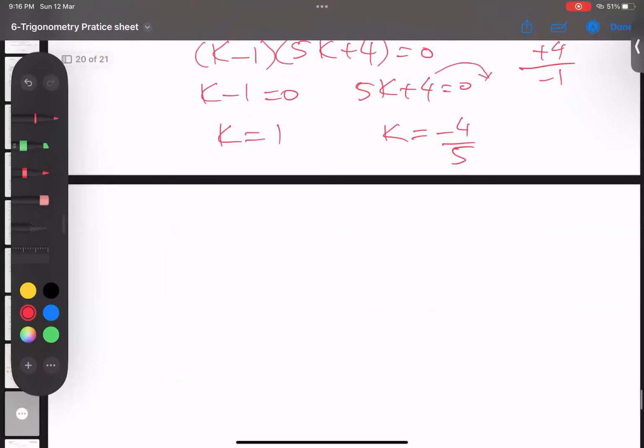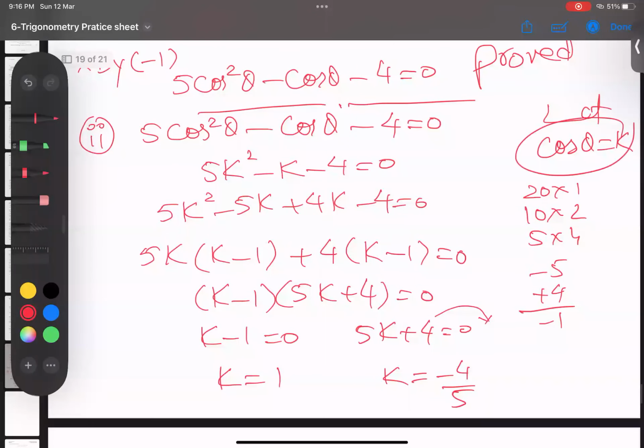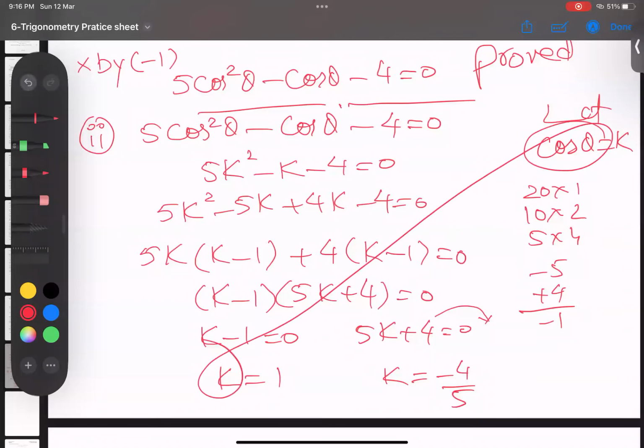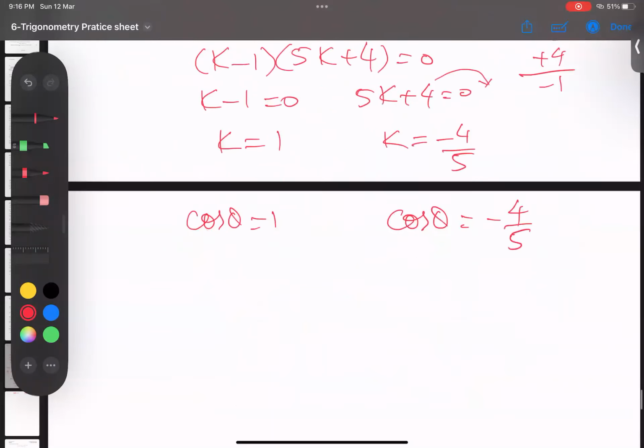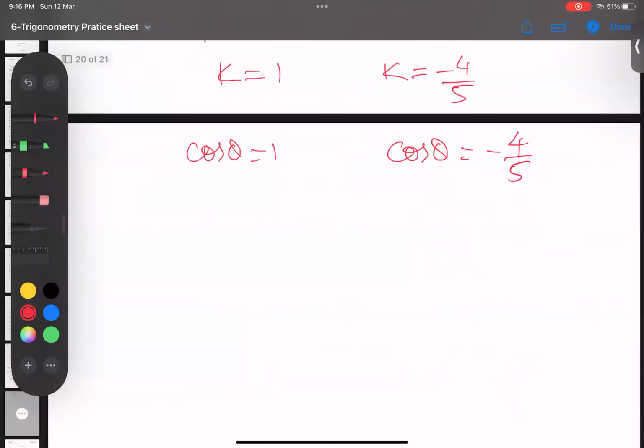And now, because I took this k value, bring back cos theta in the place of k's. This way and this way. And now, this is a very important criterion, I'm going to solve both separately. So let's start.